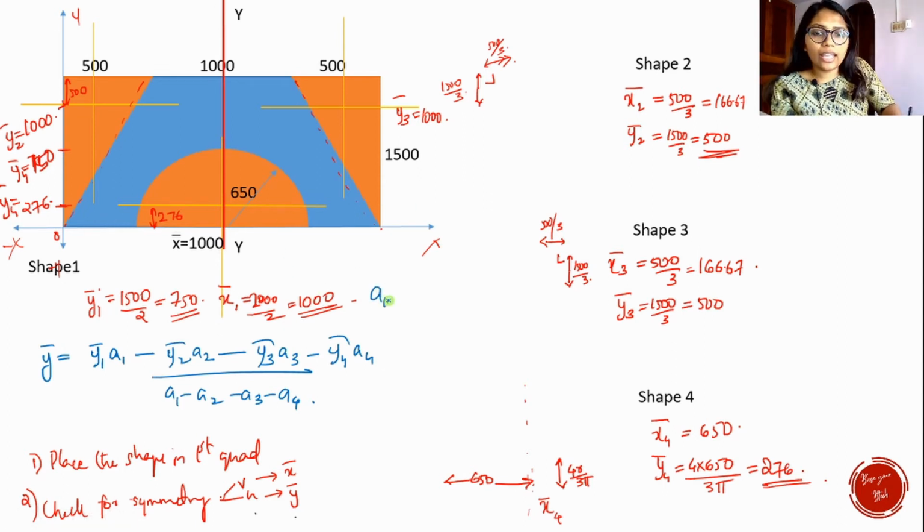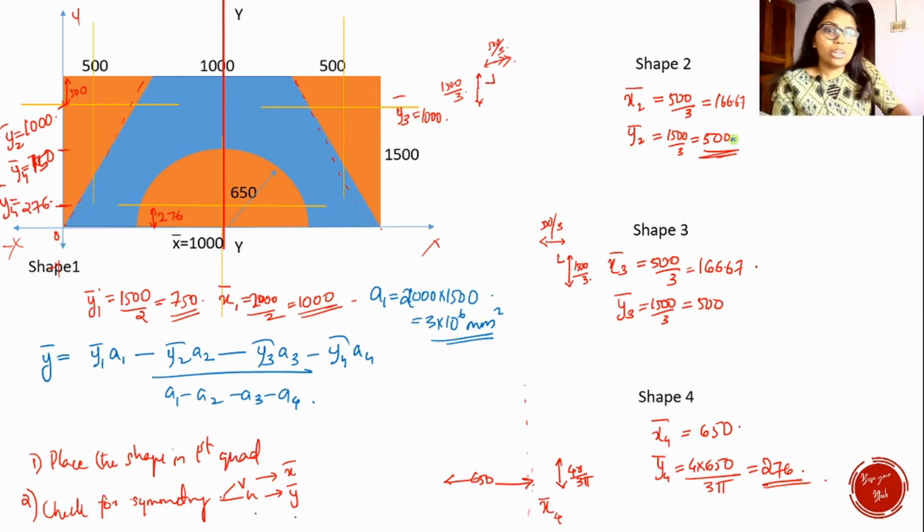Like a1, shape 1 is a rectangle and length into breadth, 2000 is your length into breadth 1500. So it is like 3 into 10 raised to 6 millimeter square. And next value is shape 2. Shape 2 area is A2 equal to half BH, which is half into, what is the base? Base of the triangle is 500 and height is 1500.